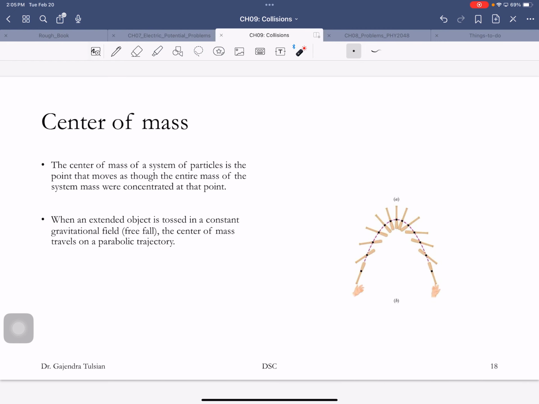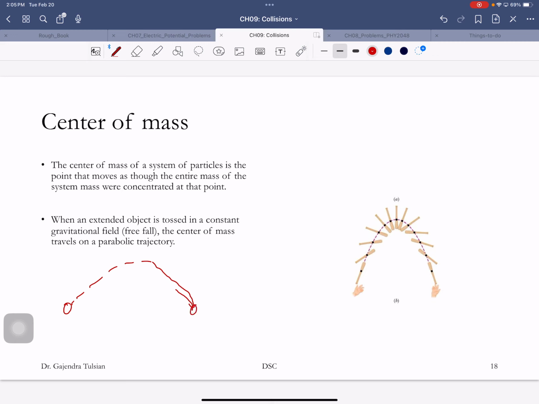Now we'll talk about center of mass. Let's say I toss a ball. So I toss a baseball. What is the trajectory of this baseball?